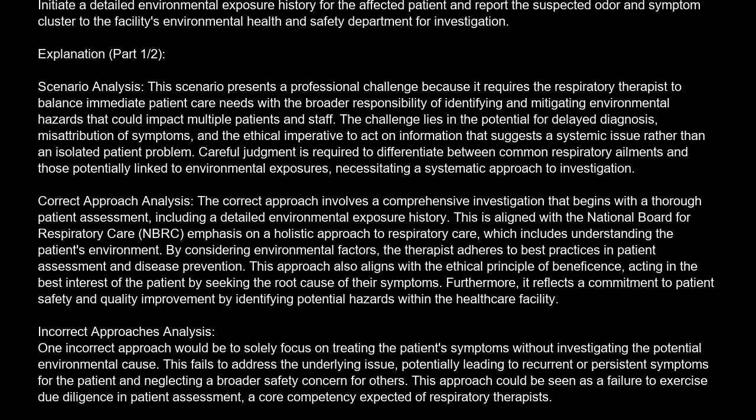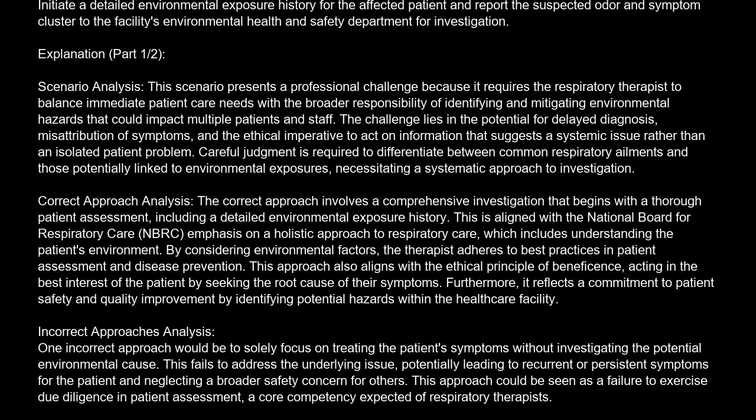By considering environmental factors, the therapist adheres to best practices in patient assessment and disease prevention. This approach also aligns with the ethical principle of beneficence, acting in the best interest of the patient by seeking the root cause of their symptoms. Furthermore, it reflects a commitment to patient safety and quality improvement by identifying potential hazards within the healthcare facility.